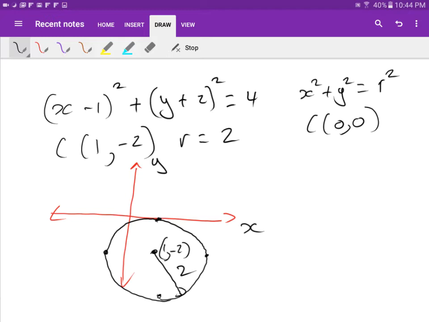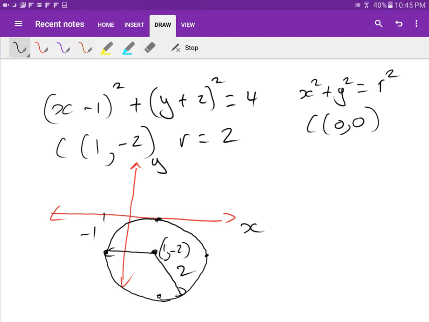But if we want to find out the domain and range, you just look at this. The center is 1, minus 2, so the radius is 2, so this just goes from here to here, 2 units. Starting from 1 and going 2 units to the left, this must be negative 1 here.